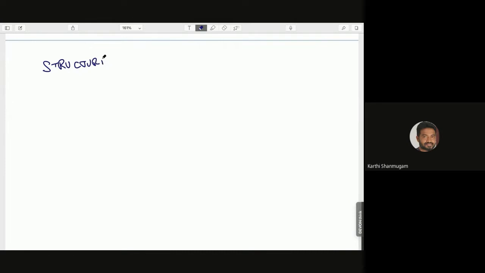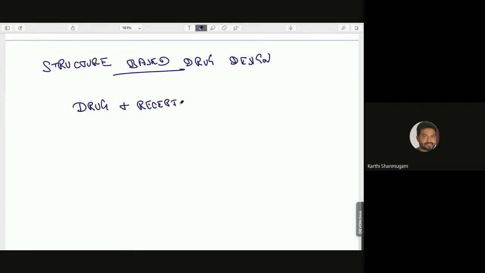It is very simple to remember what is meant by structure based drug design. The general concept, whatever we have studied so far: we know what is meant by a drug molecule, we know the meaning of a receptor, and we know that all the drug molecules in modern day, right?